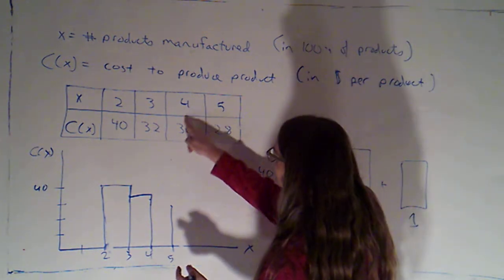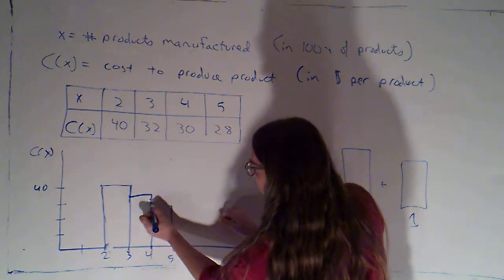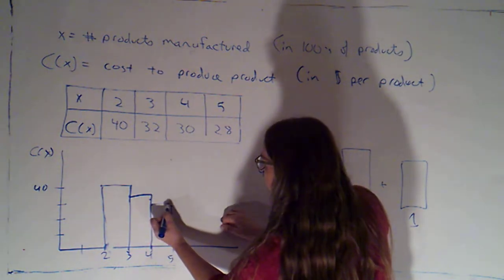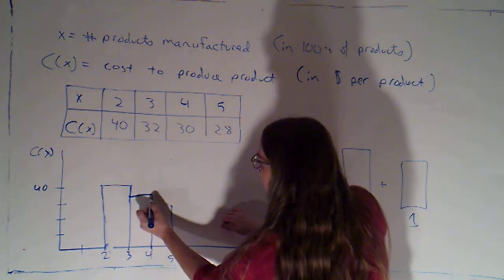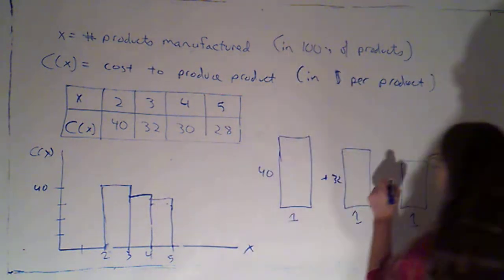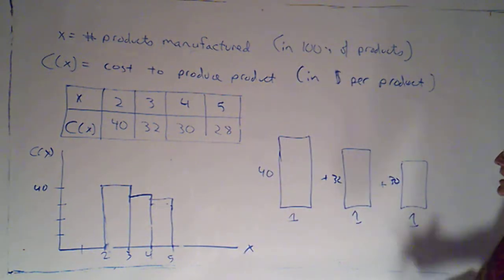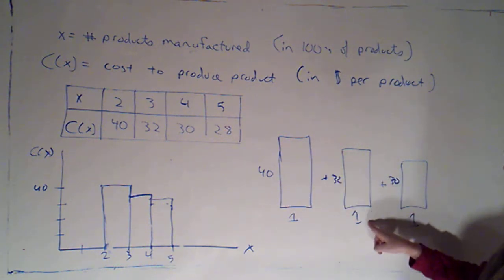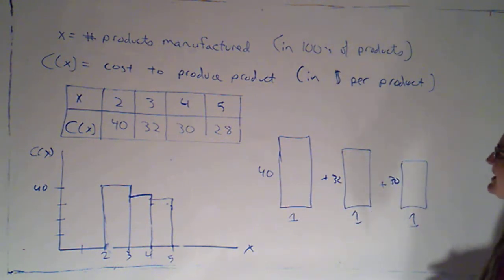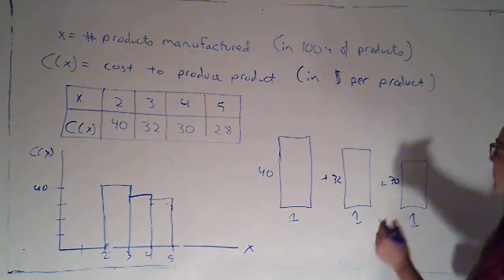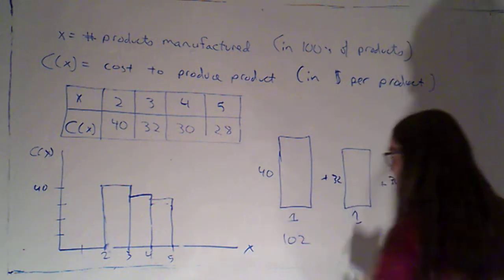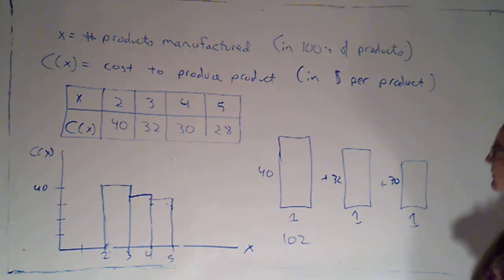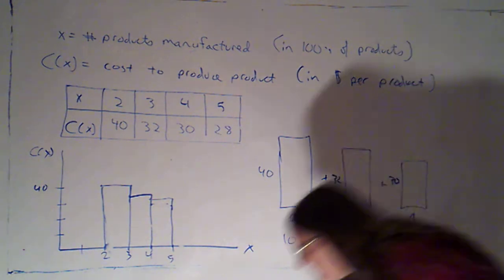The left endpoint would be at 4, where we said we were at 30, and 30 was up here, and I'll extend that across, like so. So my area is just 40 times 1, plus 32 times 1, plus 30 times 1. That's going to be 102. Now, what on earth does that 102 mean?